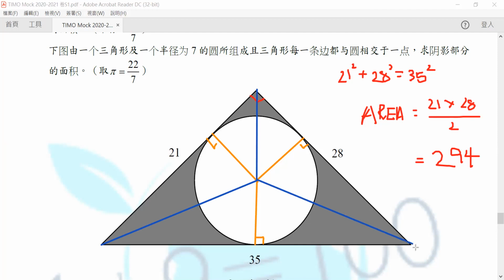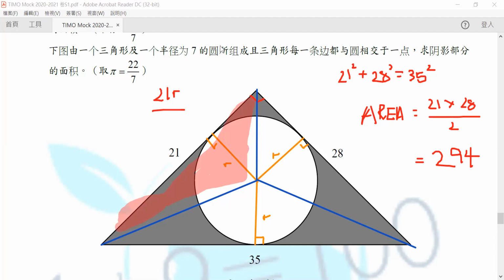We know that the radius is equal to r, for example. So I would like to ask, what is the area of this small triangle? It has a length of 21 and a height of r. So this triangle has an area equal to 21 times r divided by 2.